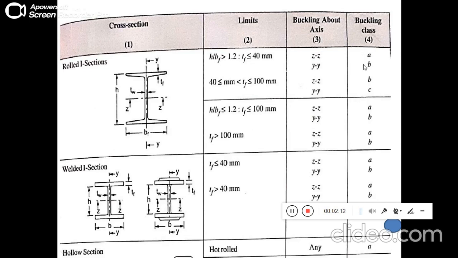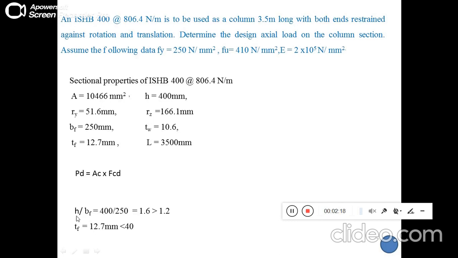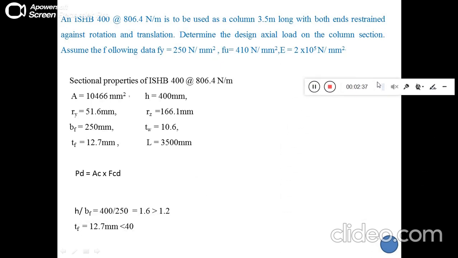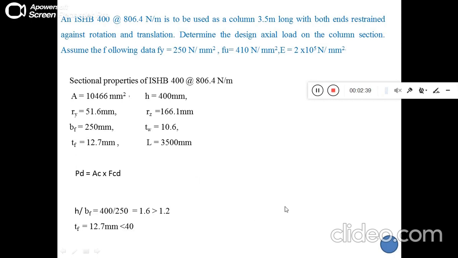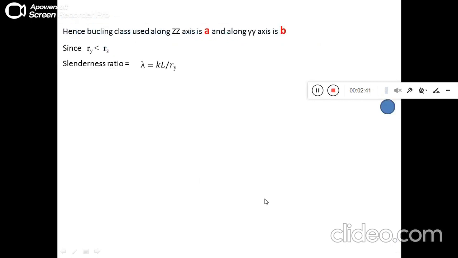So we will determine the condition. The ratio of height and breadth of the flange is 1.6, which is greater than 1.2, and thickness of the flange is 12.7, which is less than 40 mm. So now we have to find through which axis the member will have the tendency to buckle.